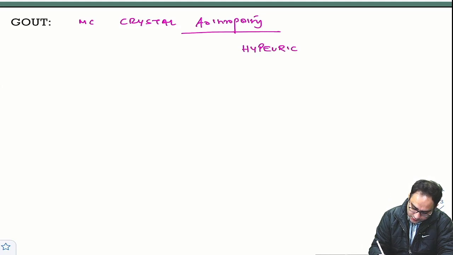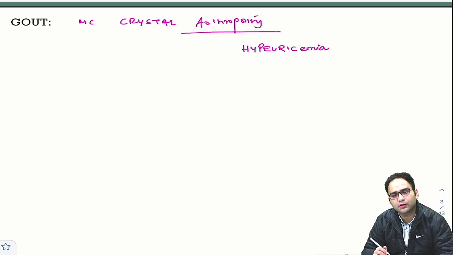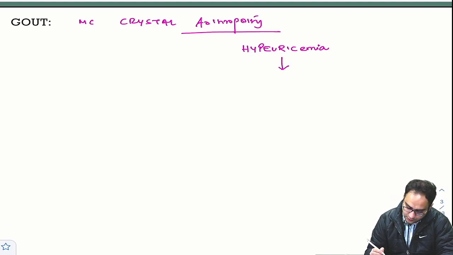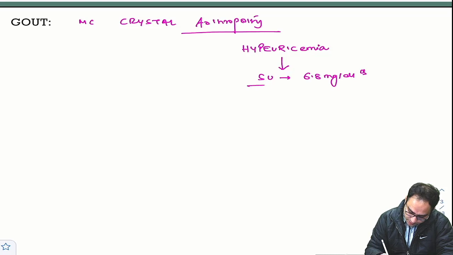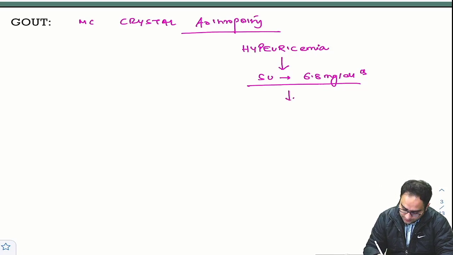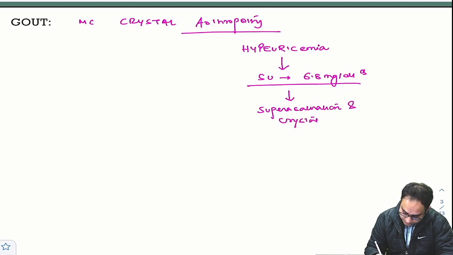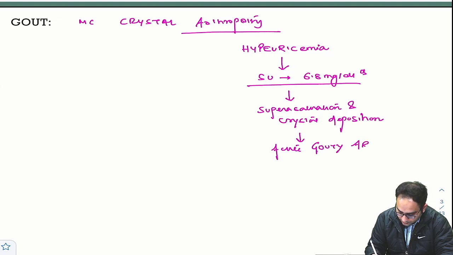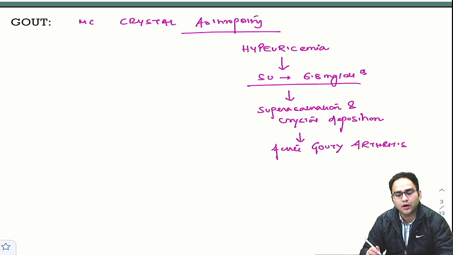You have a state of hyperuricemia in your body, which when it crosses a certain serum level of 6.8 milligram per dl, you have to remember this, as given in Harrison, there is supersaturation and crystal deposition. This gives rise to acute gouty arthritis.